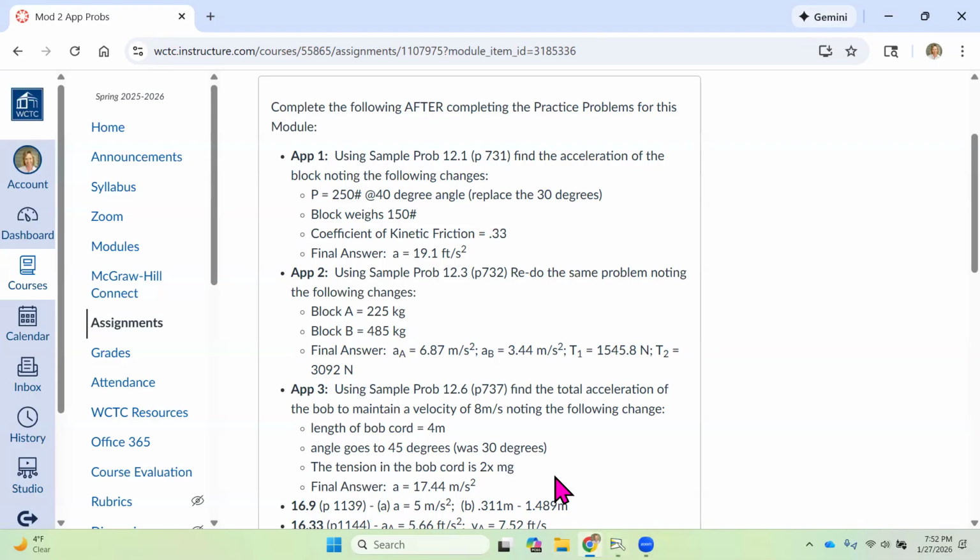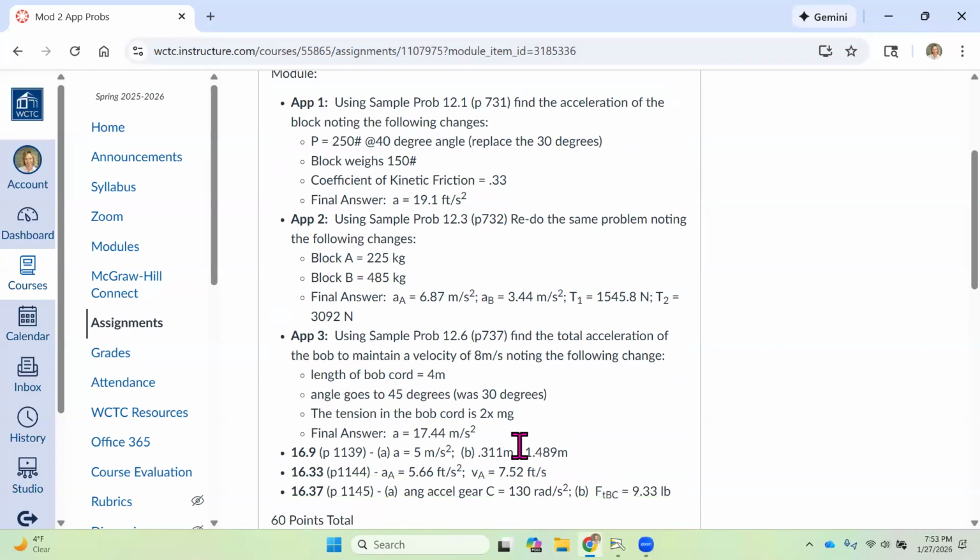The third application problem is you're going to use that last problem that we looked at, sample problem 12.6, which is the bob, okay? And you want to find the total acceleration of the bob to maintain a velocity of 8 meters per second, noting the following changes. So in this case, the length of the cord or the cable is going to be 4 meters. The angle is going to go to 45 degrees instead of 30.